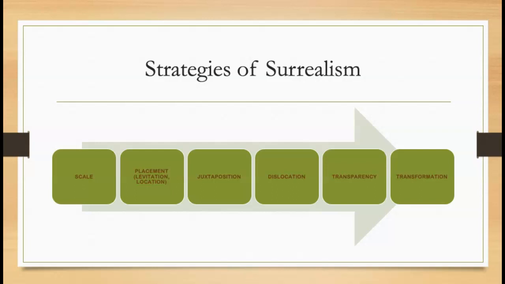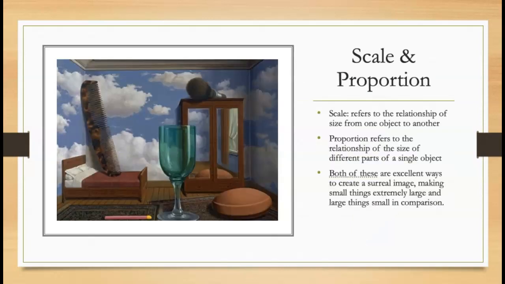Dislocation is very similar to the placement where they're placing objects in areas where they don't belong. Transparency, where they would make things like walls or closed doors transparent into worlds that shouldn't be on the other side of those things. And then, of course, transformation, where they were just combining a whole bunch of photo reference objects to make like weird robot creatures. So we're going to look at what that means today.